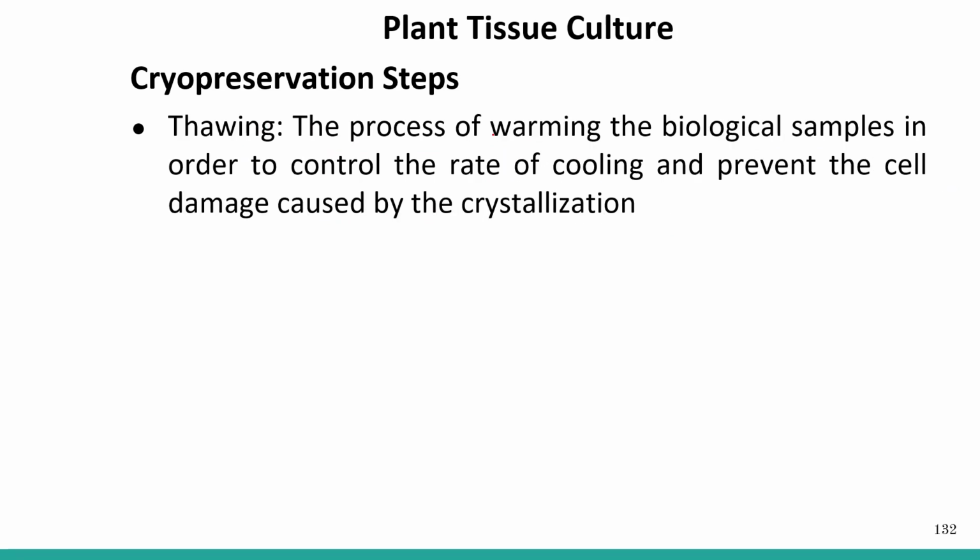Thawing. The process of warming the biological sample in a controlled manner to prevent cell damage caused by crystallization. So this is the process of warming that protects the sample from crystallization.